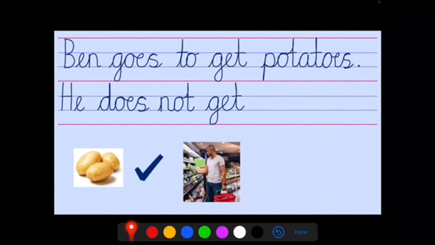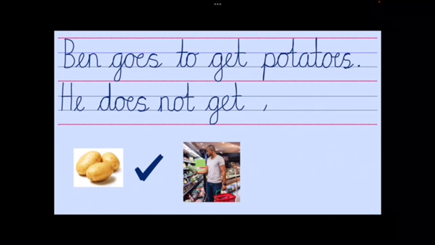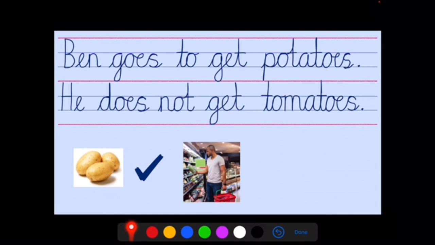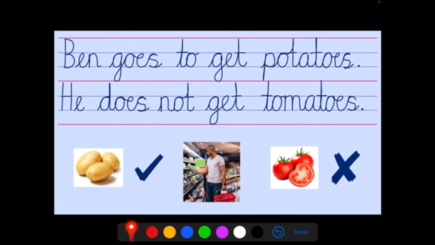He does not get tomatoes. I'm sure you guessed that. And again, we have added suffix es because there is more than one tomato. There. He's probably got some at home already.